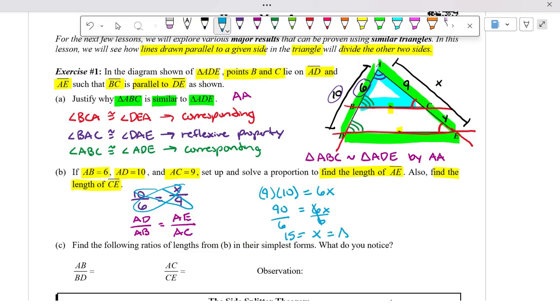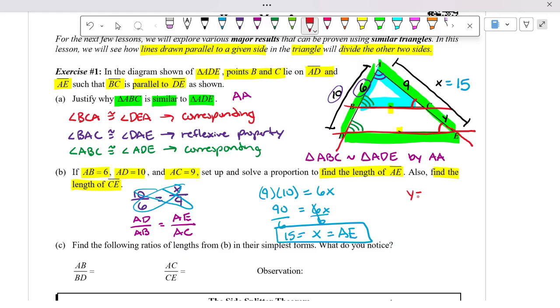So that's also AE, not AE, AC. Nope, it's AE. So AE is equal to 15. So x is 15. Now, how can I use that little tidbit of information to find what CE is, or Y? Subtract what? Right.